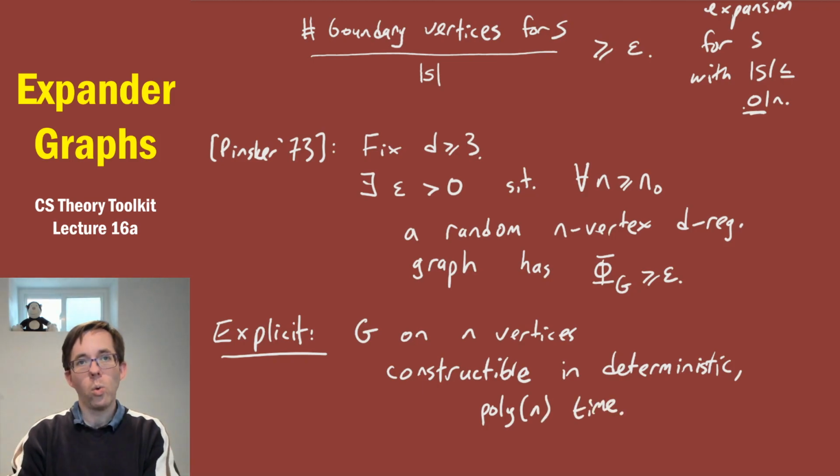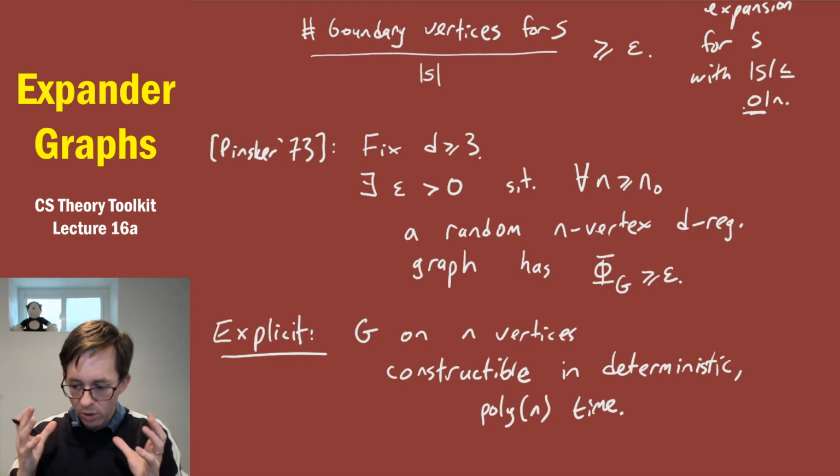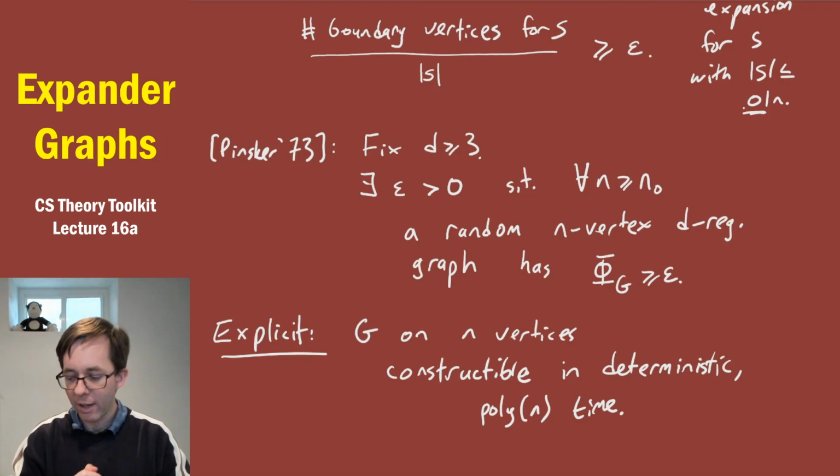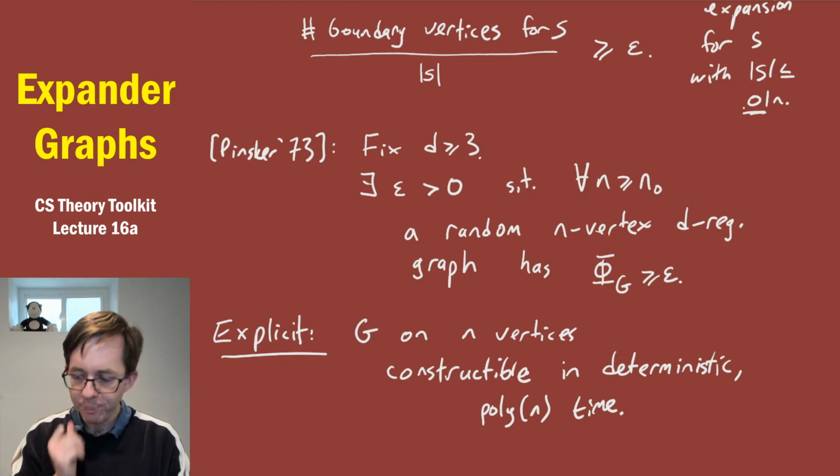Okay, so it's not just a randomized existence proof. You can really get your hands on an n-vertex expander graph in deterministic polytime, and that's quite useful for applications.